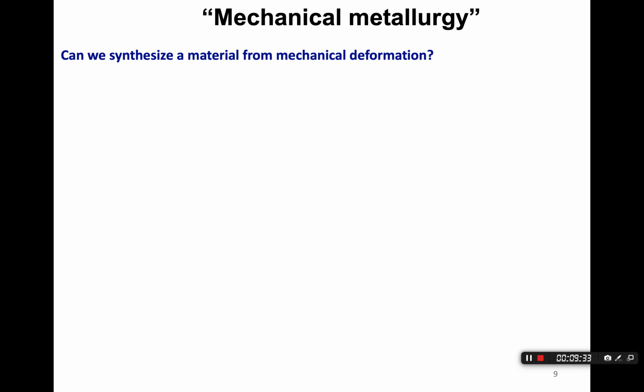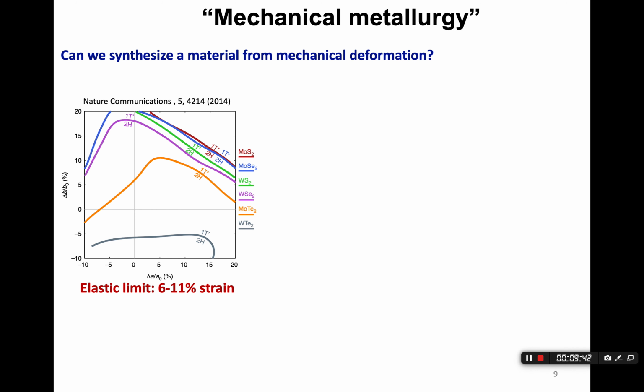So how about ceramic materials? Ceramic materials are not always easy to mechanically engineer. I will give you one example. In 2014, there was a Nature Communications paper published by Professor Evan Reed at Stanford University. With DFT calculations, they demonstrated that if you stretch molybdenum disulfide with a tensile strain of 20%, you're going to trigger the phase transition.